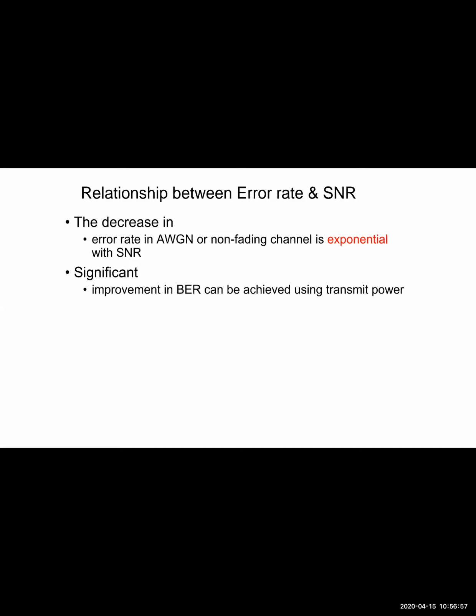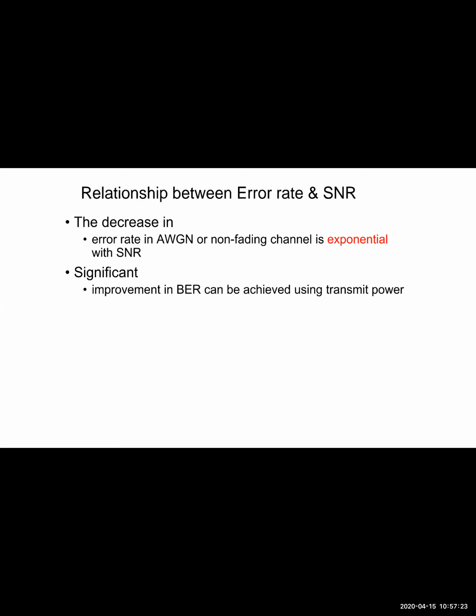That is the cost. Then we go to frequency selective, and then time selective, and see whether transmit power can in any way reduce the bit error rate at all. Do you get where we are going?